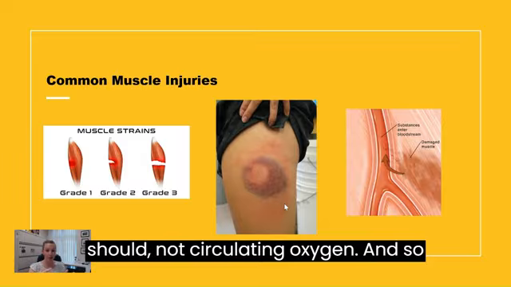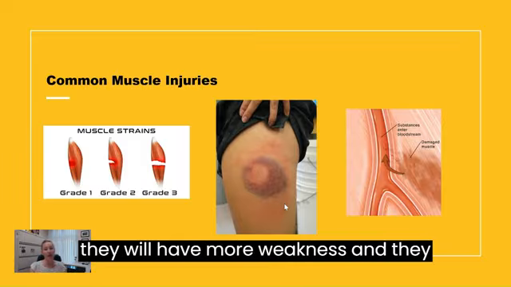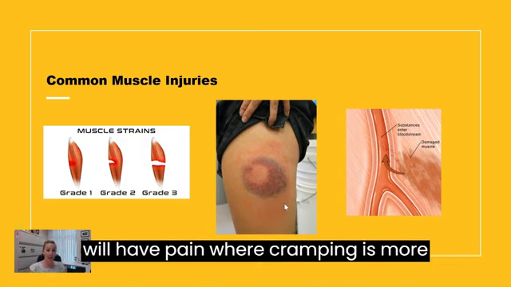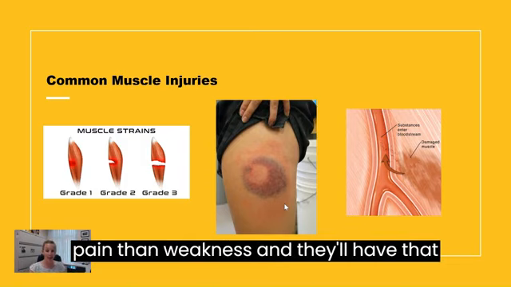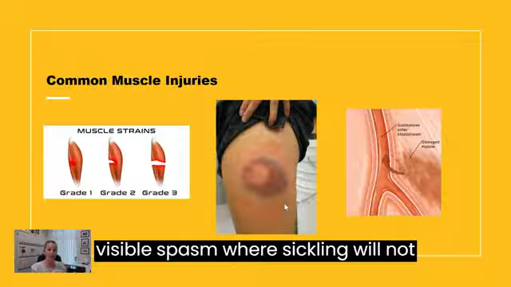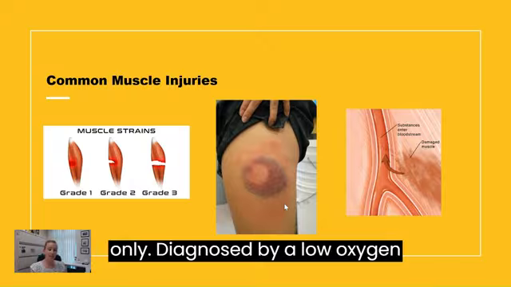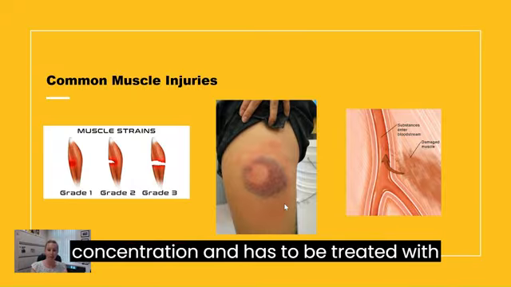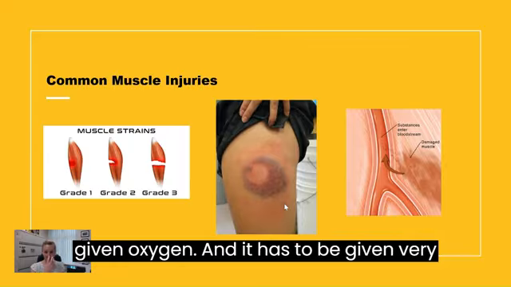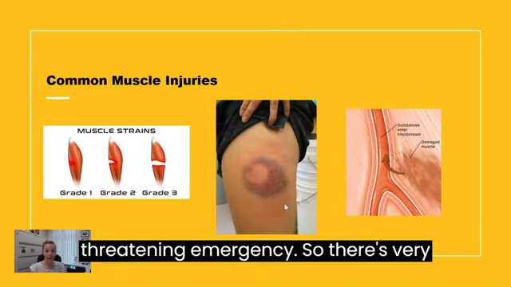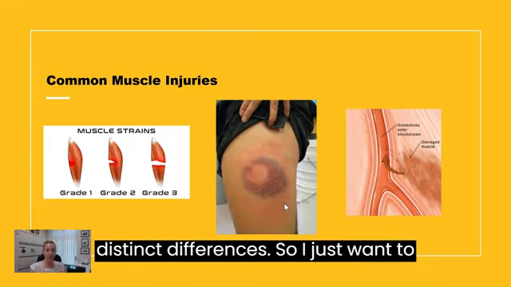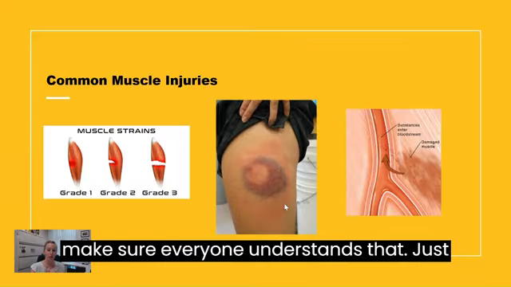And so someone will have trouble breathing, and they will have more weakness than pain, where cramping is more pain than weakness, and they'll have that visible spasm, where sickling will not have a visible spasm. Sickling is only diagnosed by a low oxygen concentration and has to be treated by giving oxygen, very quickly, and it's a medical and life-threatening emergency. So there are very distinct differences, and I just want to make sure everyone understands that.